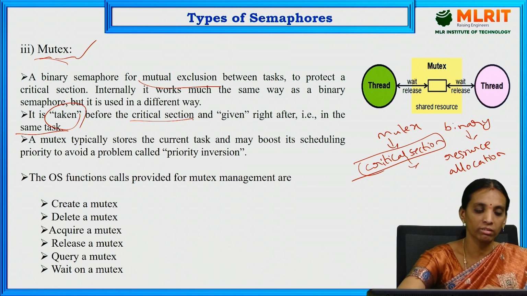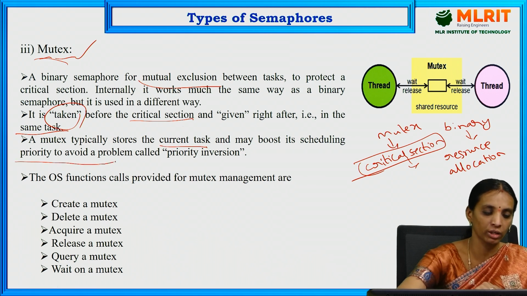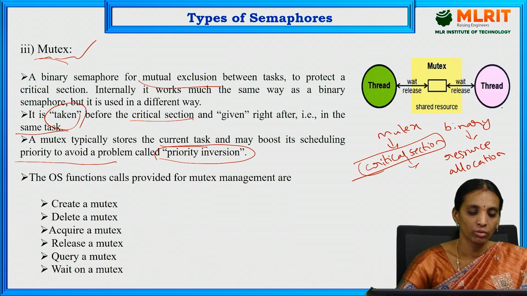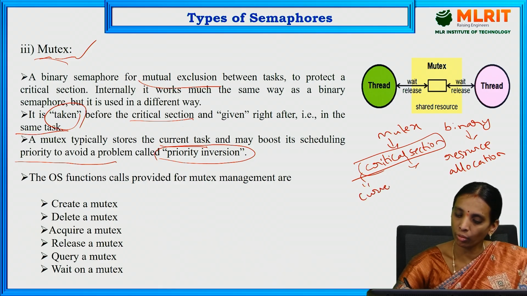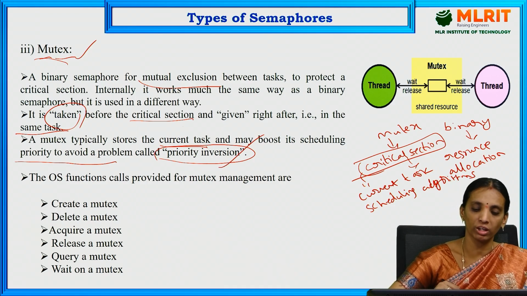The mutex typically stores the current task and boosts its scheduling priority to avoid the priority inversion problem. So to avoid the priority inversion problem, the mutex stores the current task of the process, and it can use scheduling algorithms for avoiding priority inversion problems.